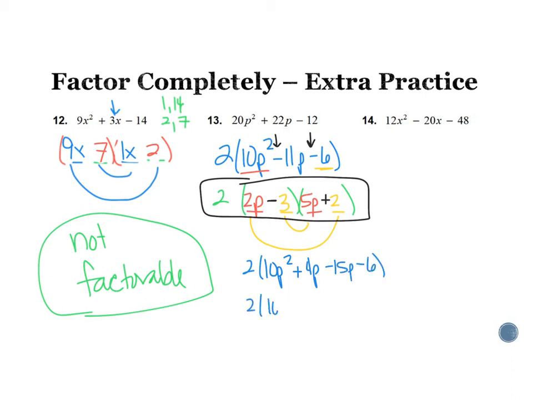If I combine like terms in the middle, that's a negative 11p. Then if I distribute my 2, 20p squared minus 22p minus 12. That's how you make sure you have it right, if it FOILs out to be what you started with. All right, why don't you try number 14 and we'll see how you do.